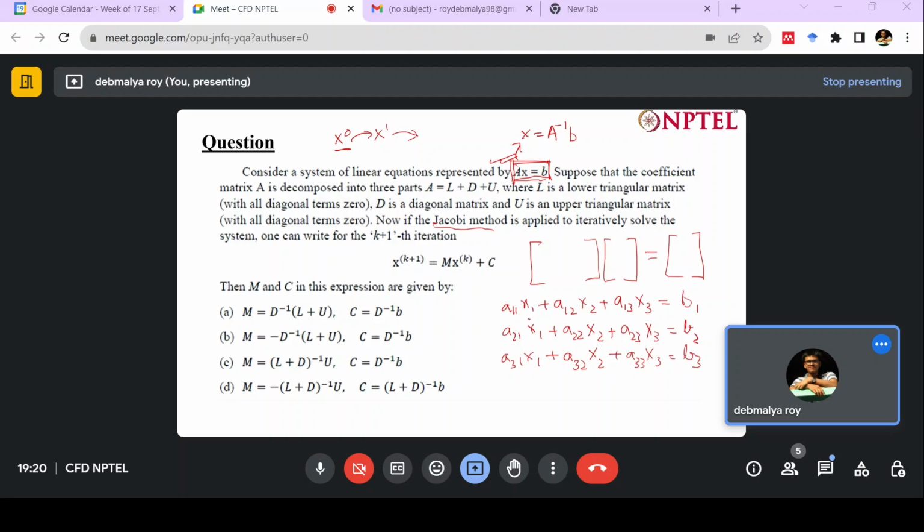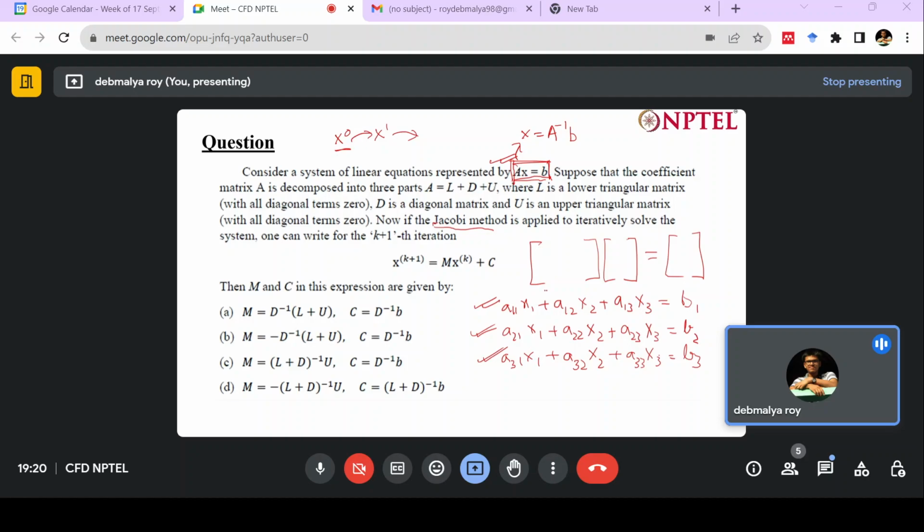What we would do is arrange this in a certain way that it gives convergence and so on, which we will discuss later. But let's say this equation corresponds to the x1 variable, this equation corresponds to the x2 variable, and this equation corresponds to the x3 variable.